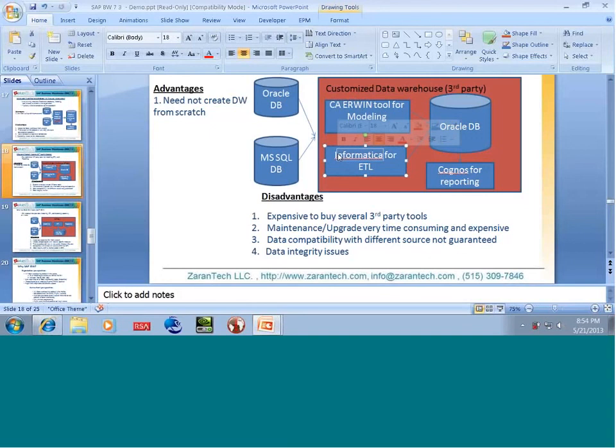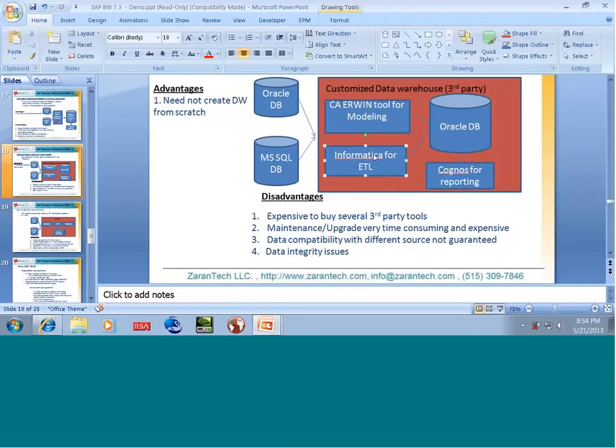Again, data compatibility. Though these tools have been in the market for a long time, these two are definitely popular tools, but they are not popular enough to be talking to all possible source systems available in the market. It could be a mainframe system, it could be SAP systems, it could be non-SAP systems, it could be traditional databases, it could be a Java web service system, it could be any kind of source system.